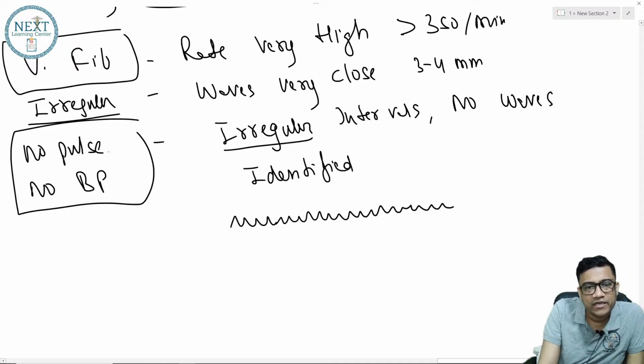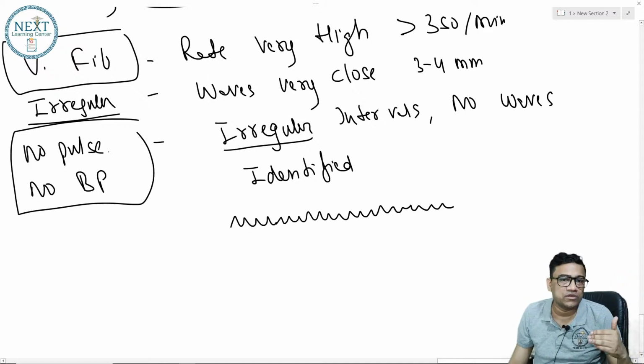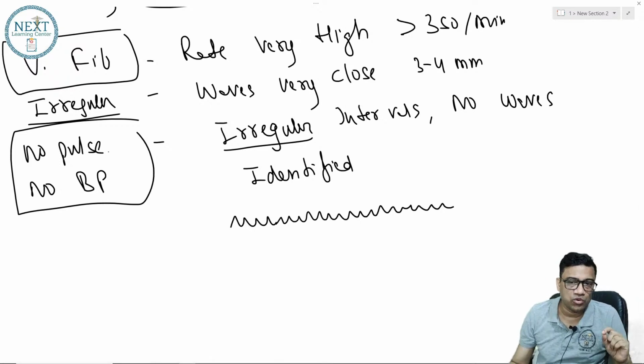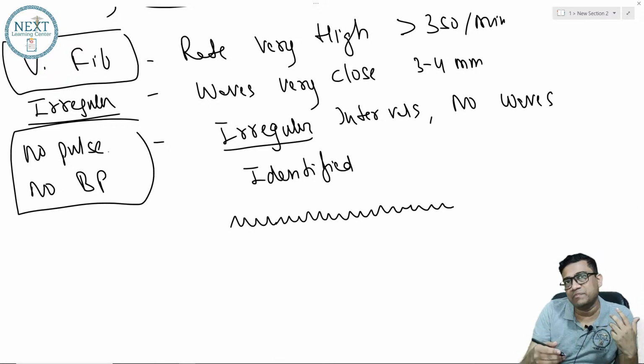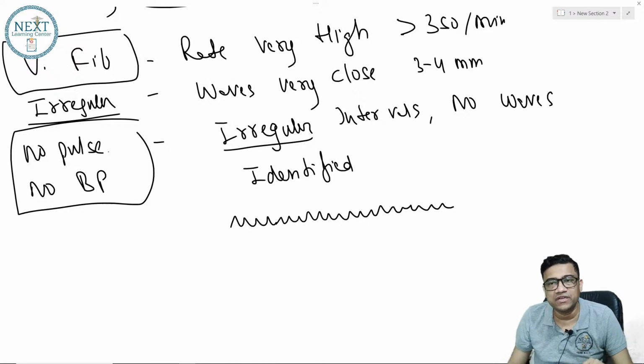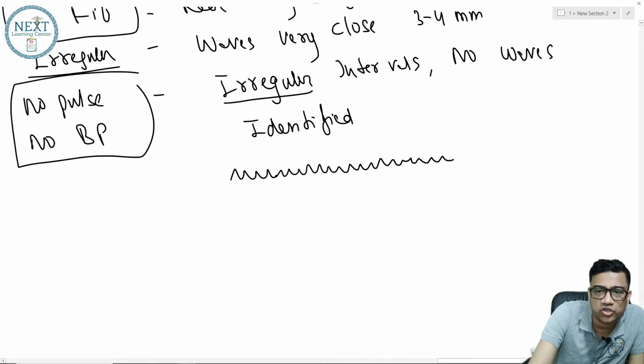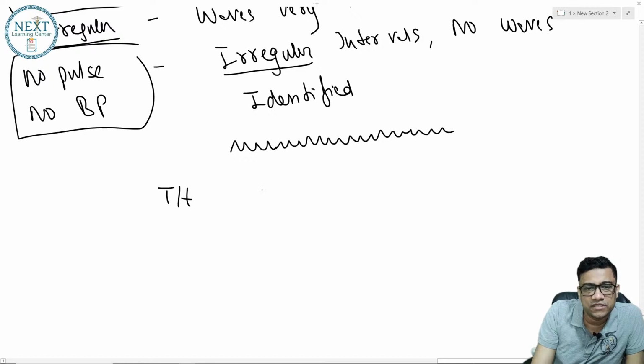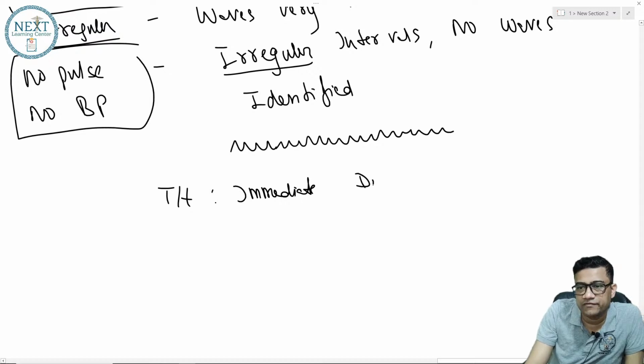That's why the question is whether to do CPR or this. The answer is, it depends on the ECG. If ECG shows this waveform, that means it is a fibrillation. We will shock it. So treatment is immediate defibrillation.